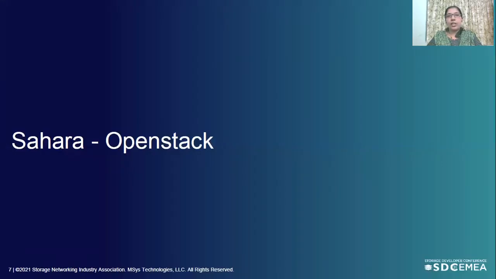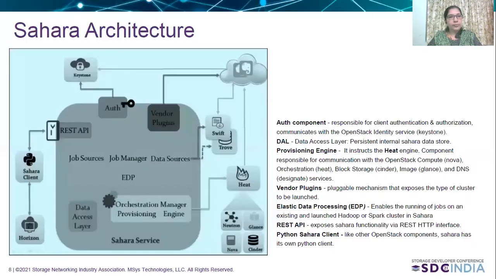Next, we shall see how these two big chains, Hadoop and OpenStack, come together as Sahara. This is the Sahara architecture where the user provides input from Horizon and it is received by a REST API, which is used for communication, and auth for authentication, and a vendor plugin to choose our own vendor, and data sources to store our input and output data.